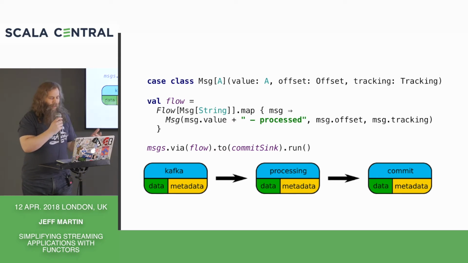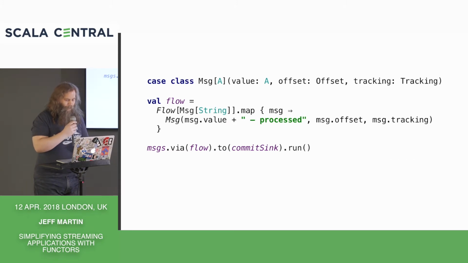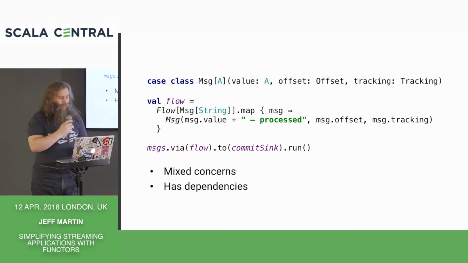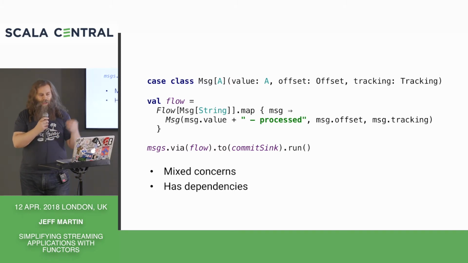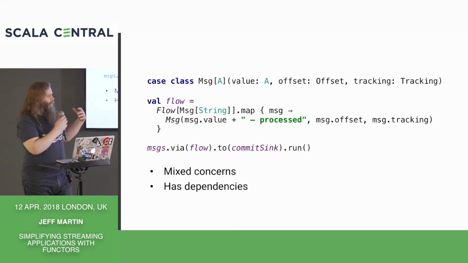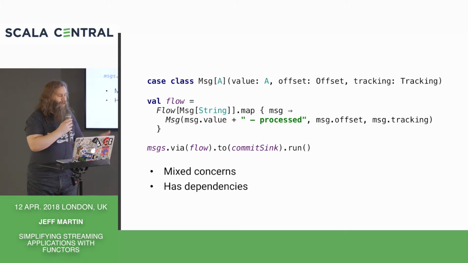So both concerns are available at any point in the flow. So we have a mix of concerns, and we also have dependencies, in that things like the offset and tracking might be bringing in dependencies in terms of Kafka libraries, etc., other parts of the code base that we don't want to expose.